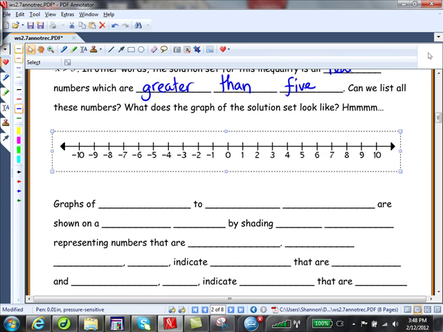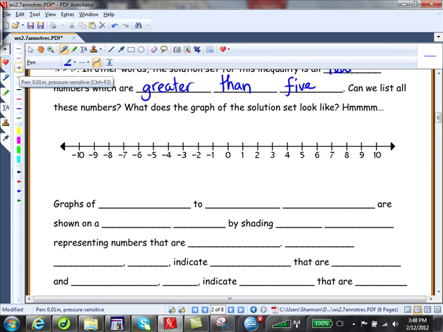So here, if we were to graph this, we would not want to include 5, but wouldn't we want everything right next to 5? So if we're shading all these numbers, how do we not include 5? Well, we used to do an open circle, right?